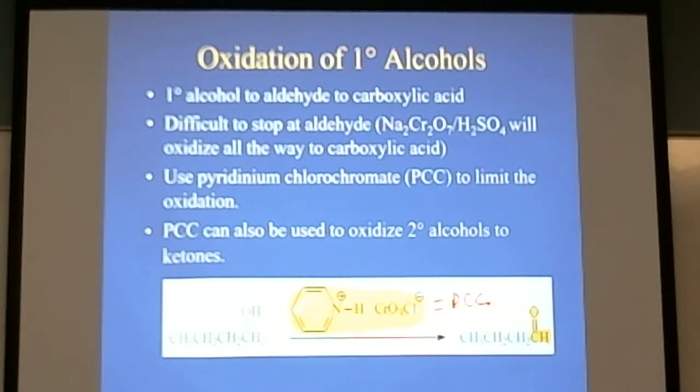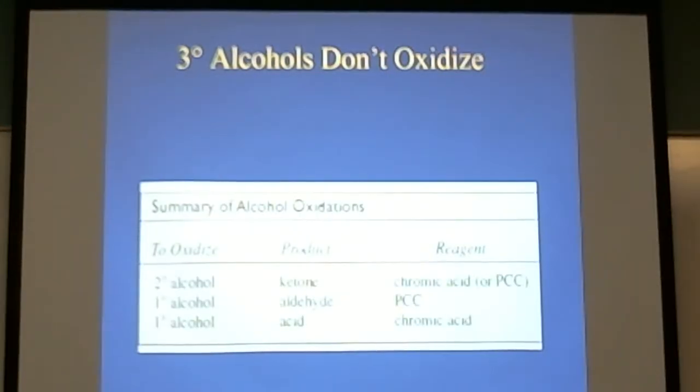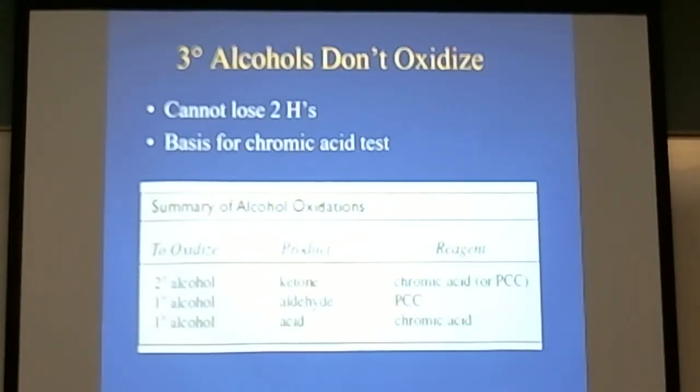We're just going to use PCC as the mild reagent that gives us aldehydes. Okay. Tertiary alcohols don't oxidize. So here's your summary. What are the products? What are the reagents that you will be using for these oxidations? So let's look at problems 2 and 3.